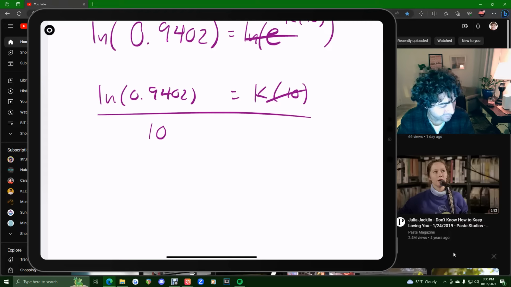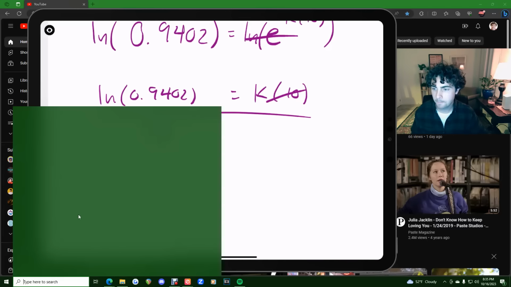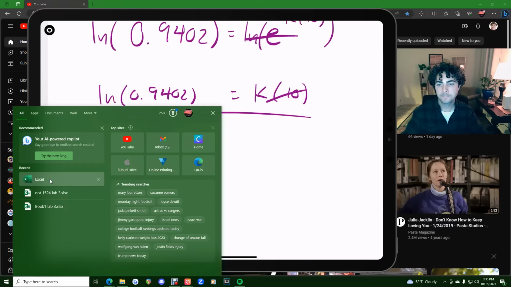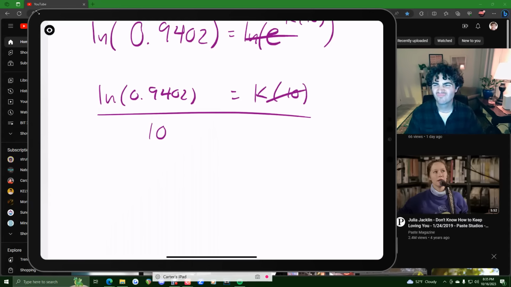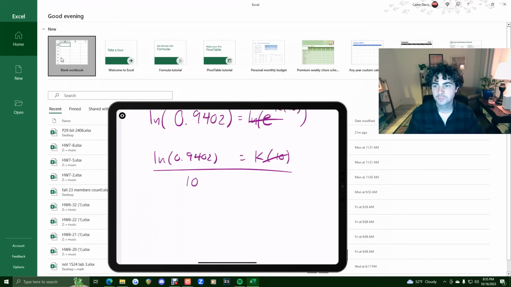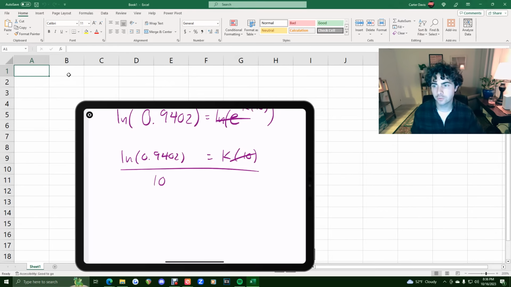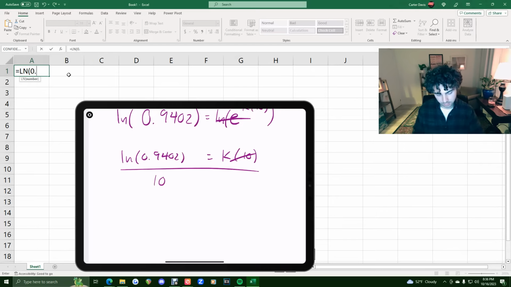How do I want to do this? Let's use Desmos, Excel. Let's use Excel. Let's get some practice there. So real quick, just doing equals ln in parentheses 0.9402, and then we divide by 10.